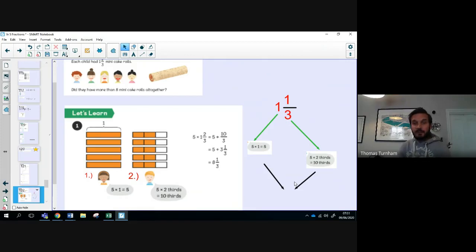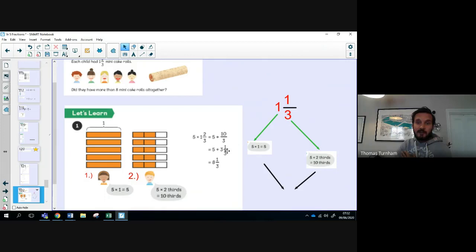What's really important in this type of question is that when you come to combine them, you've turned your fraction back into a mixed fraction. You can't combine an improper fraction and a whole number. So my answer wouldn't work if I said the answer is 5 10/3, because 10/3 is an improper fraction.